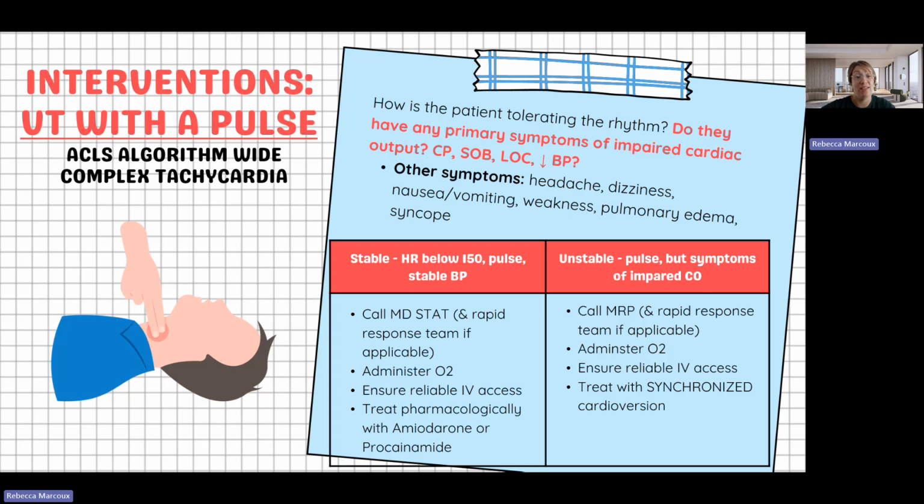If the patient has signs that they're unstable, so they have a pulse but they do have those symptoms of impaired cardiac output, we're going to call our MRP and/or rapid response team, whatever is applicable at your organization, administer oxygen, ensure we have reliable IV access, and generally this would be treated with a synchronized cardioversion.